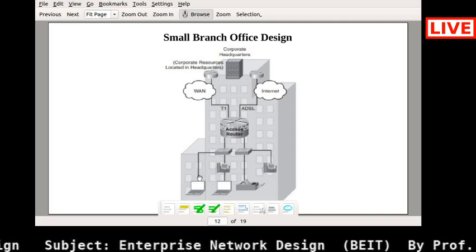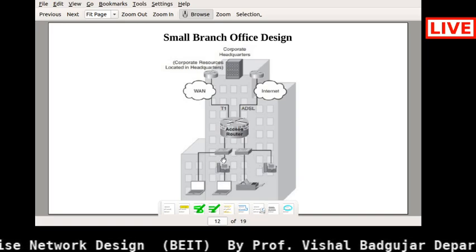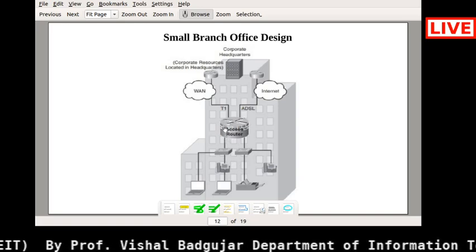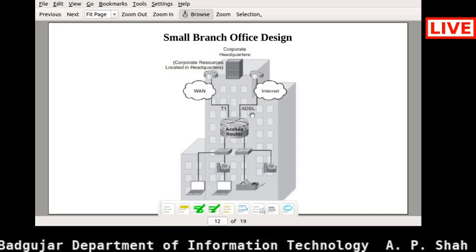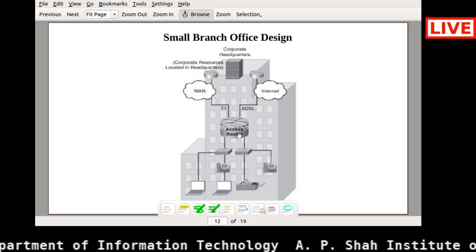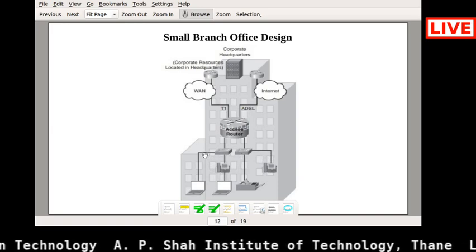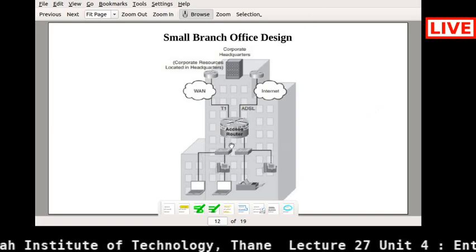For example, the end devices, phones, printers, and all these things are connected to this access router, right? And the layer 2 switching will be there from corporate headquarters to this access router, and from that you are going to have different end devices connected to this small branch office, right?